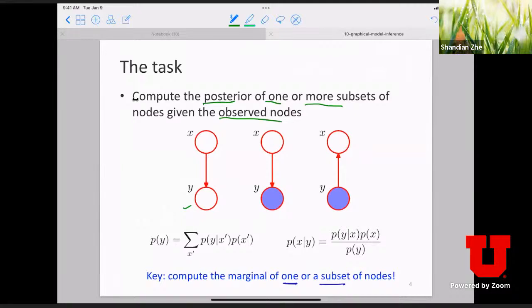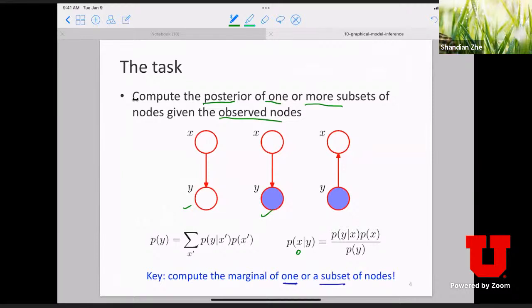It only contains two nodes, X and Y. Suppose you have collected data about Y, meaning that we shade Y, meaning that Y is observed. Then the interesting question would be, how do we get the posterior distribution of the remaining node X given Y?